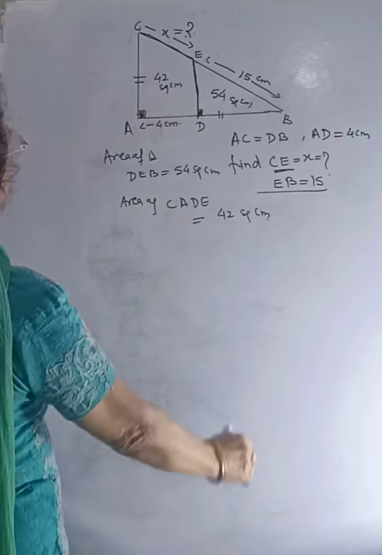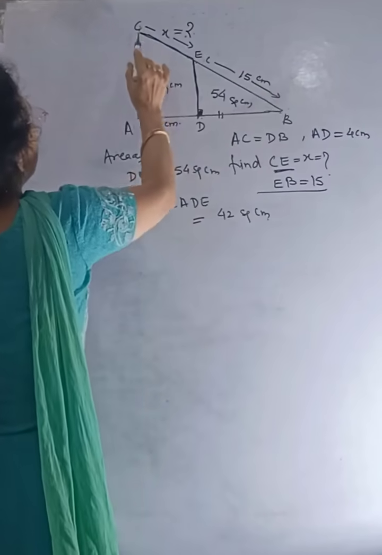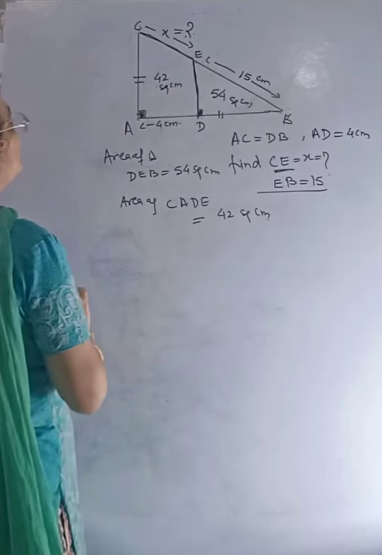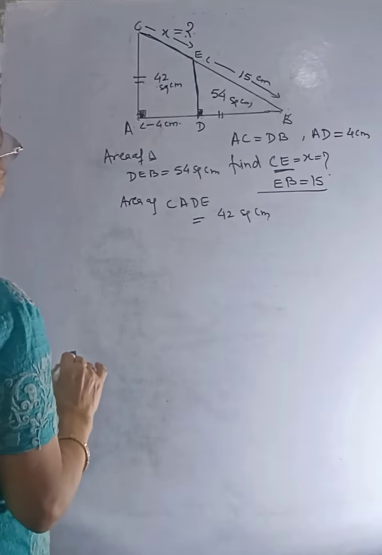What we can do, we can see the area of this whole triangle is given to us. ABC, this is 42 plus 54.